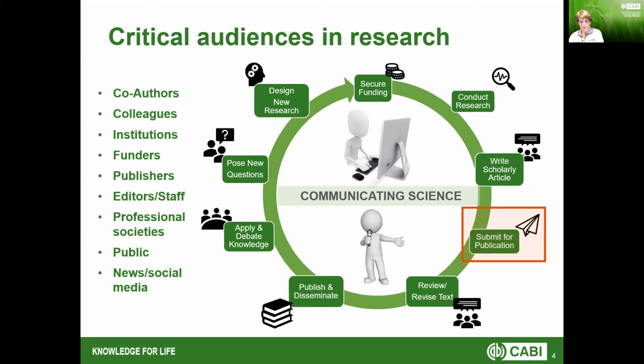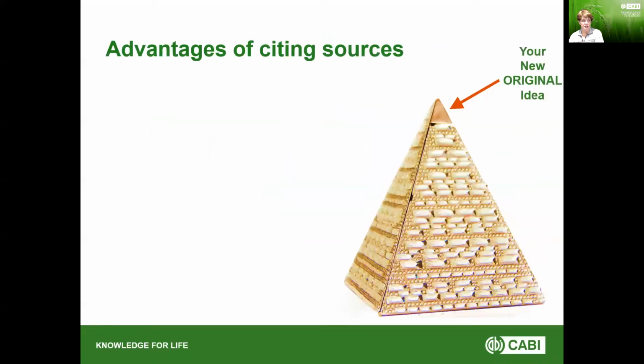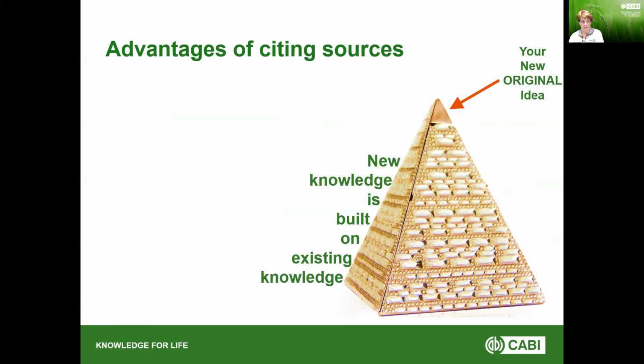So, moving on now, we need to think about the idea of how you avoid plagiarism, and you do that by citing the sources that you're using. So everyone in science acknowledges that new knowledge is built on existing knowledge.